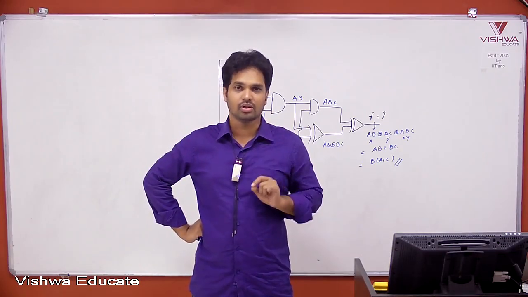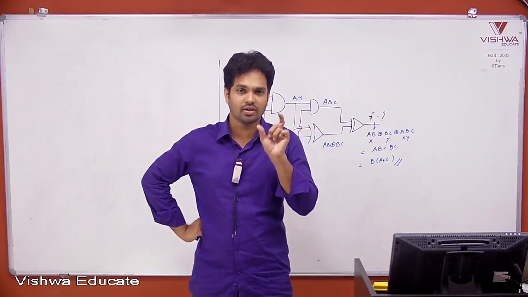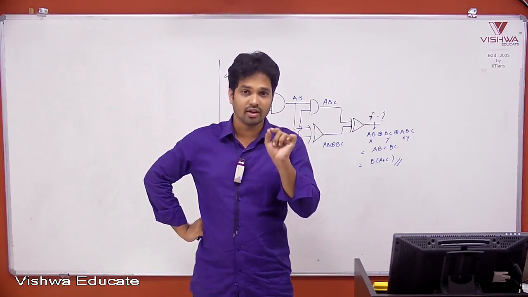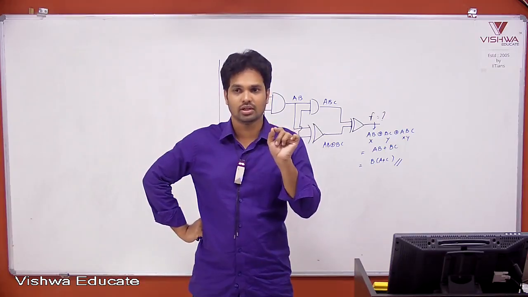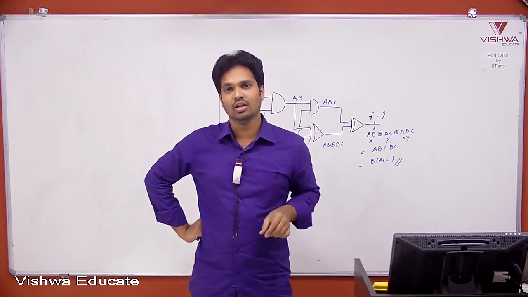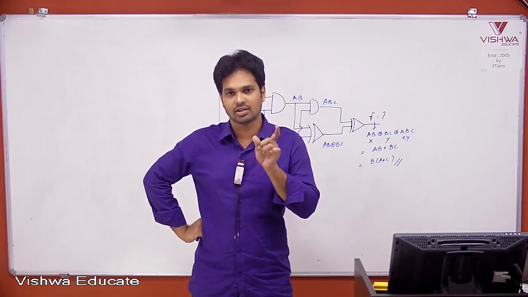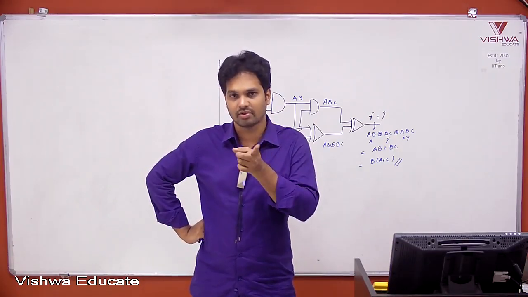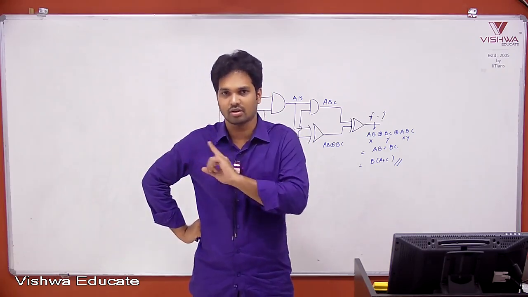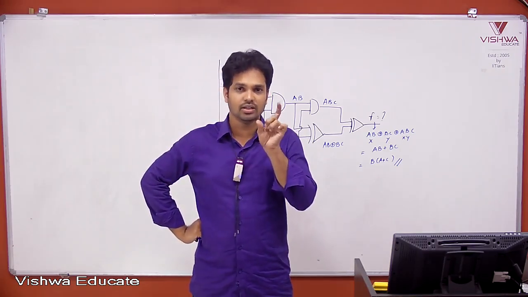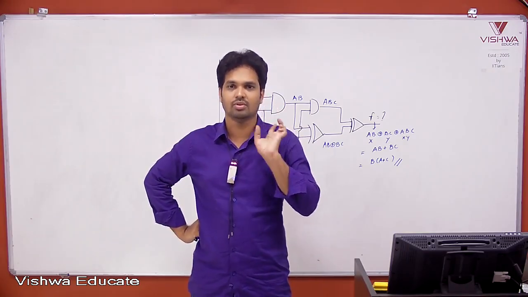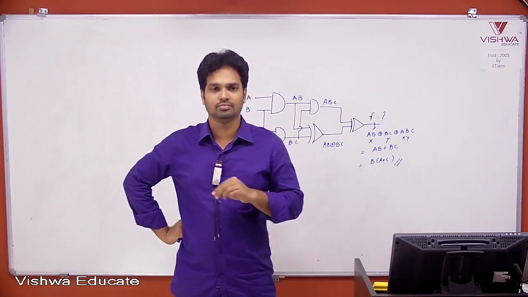Whenever your input contains, observe carefully, an even number of zeros, not even number of ones, please understand, even number of zeros, previously odd number of ones for XOR. Here, if your input contains even number of zeros, output is 1. Write down that point.